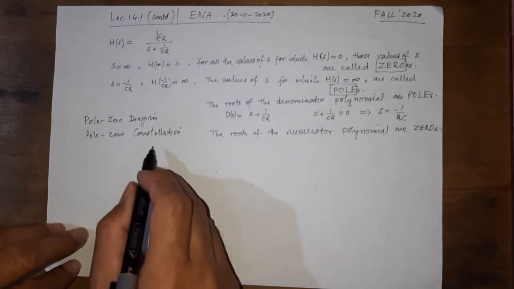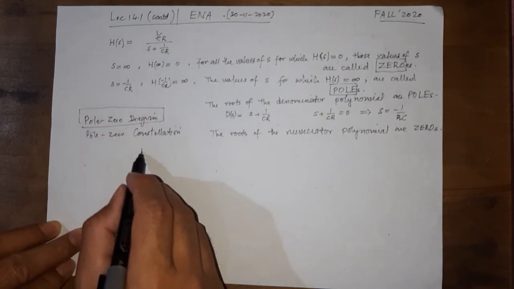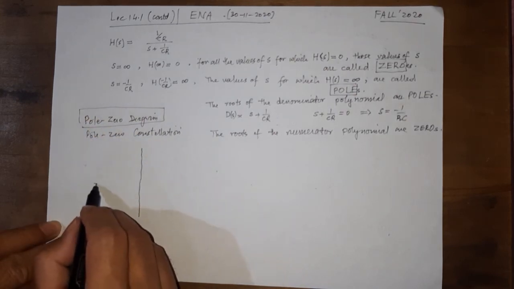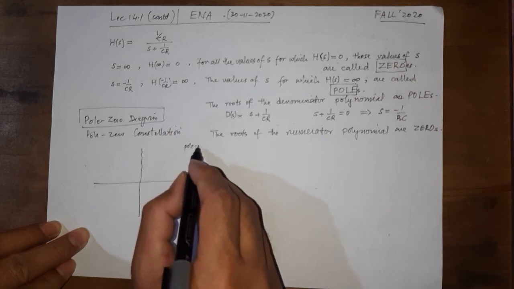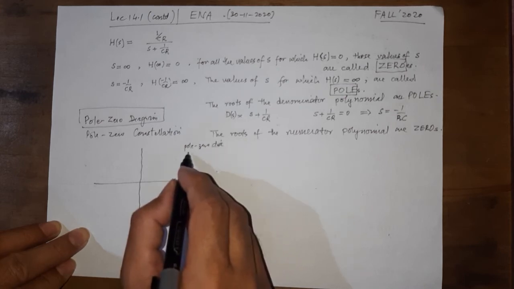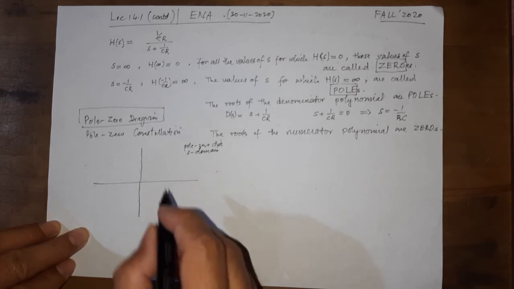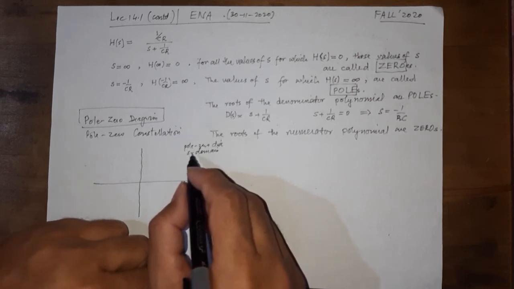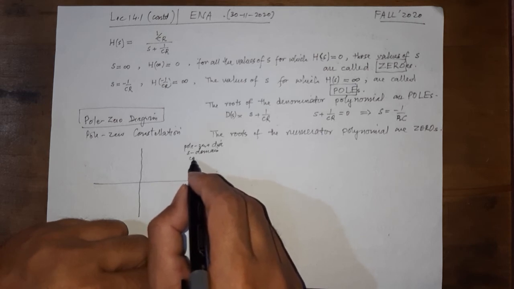Generally, I refer to it as a pole zero diagram. A pole zero diagram is drawn in the S plane, or the S domain, or the complex plane.